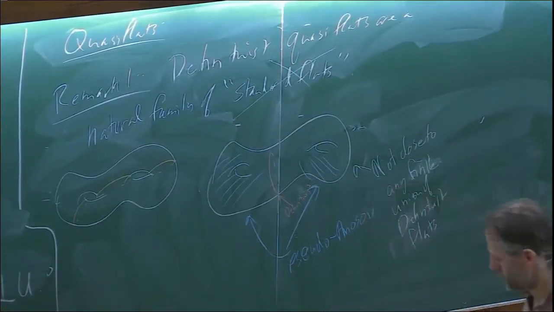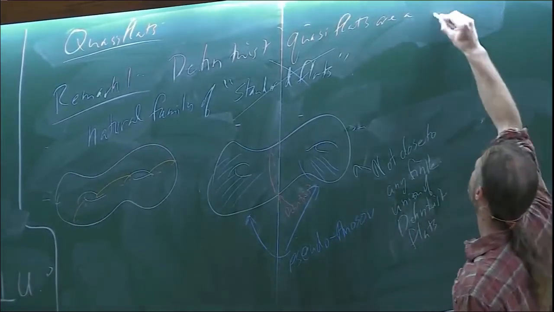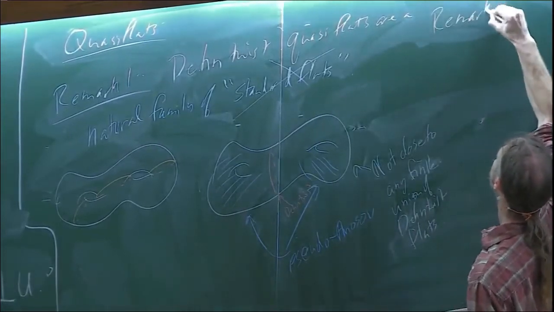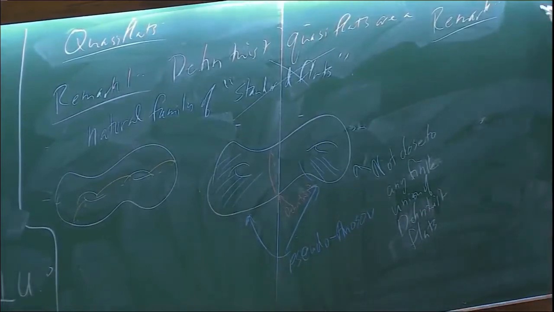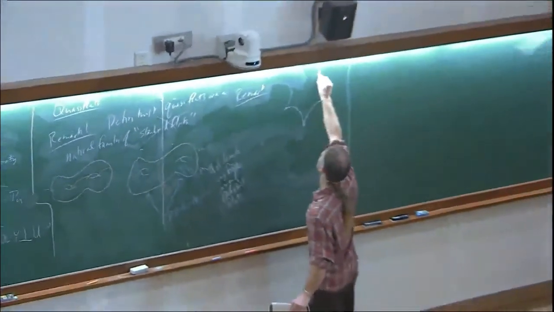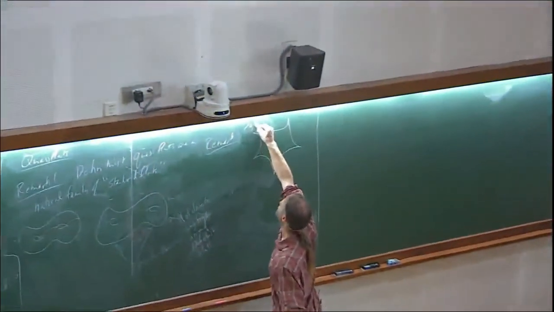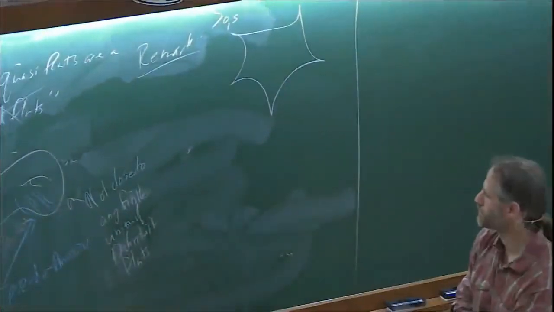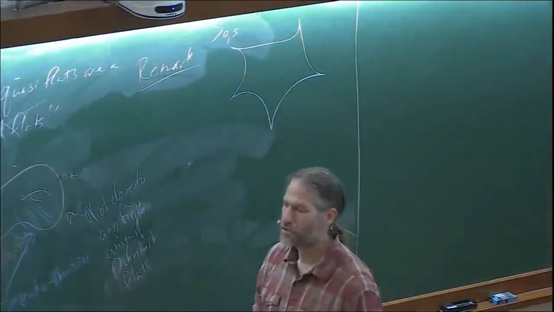Here's another remark. So here's my surface S_{0,5}, the 5-punctured sphere. Here's something interesting that you can do.